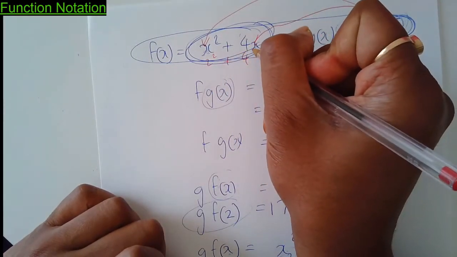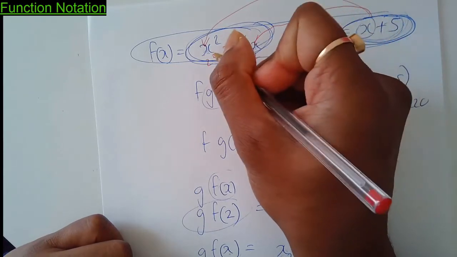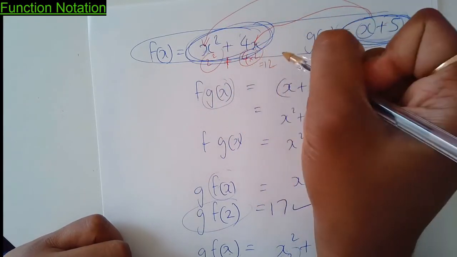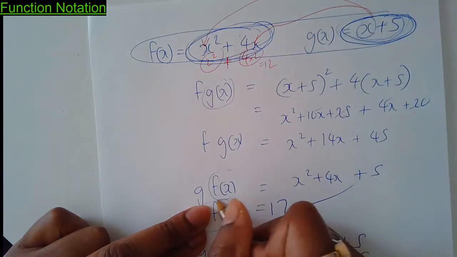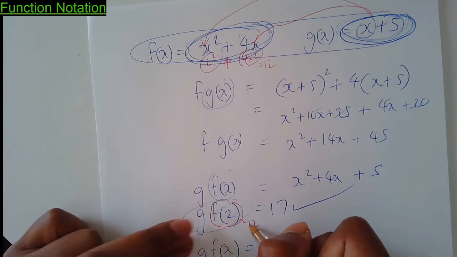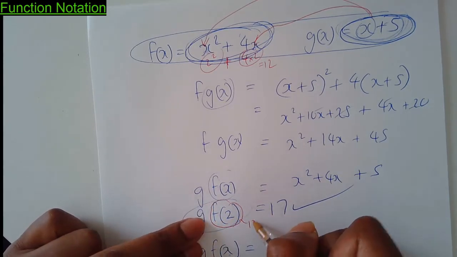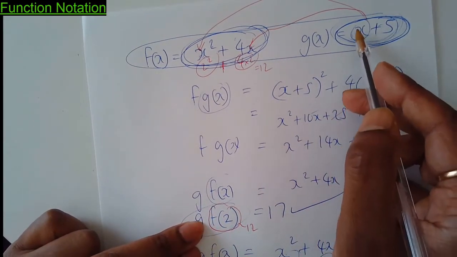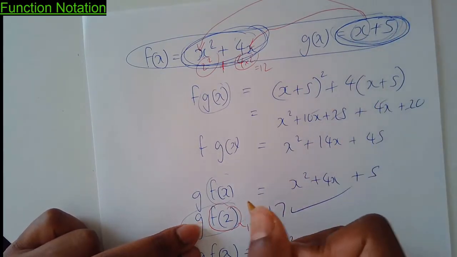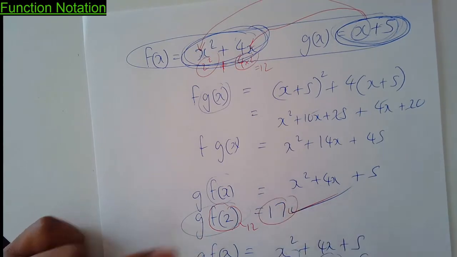And then replace x with 2. So we've got 4, add 8 is 12. Remember, all of that is 12. Now put the 12 into the g function over here. 12 add 5 is 17, exactly what I've got over here already.